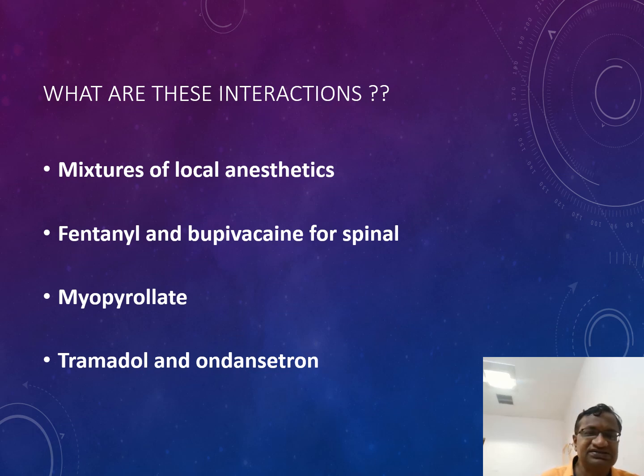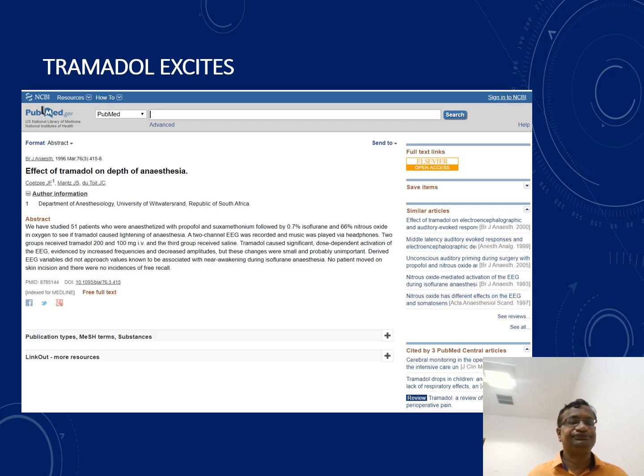Mixtures of local anesthetics: fentanyl and bupivacaine for spinal. We don't know what is happening because when fentanyl is added, the baricity changes. If you add 1 ml to 1 ml of fentanyl, the baricity changes. There is a pharmaceutical interaction, something happening here, and then when you inject, fentanyl causes some more problems. That is pharmacodynamic.